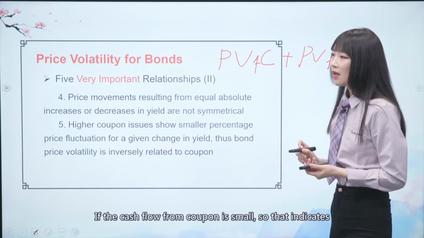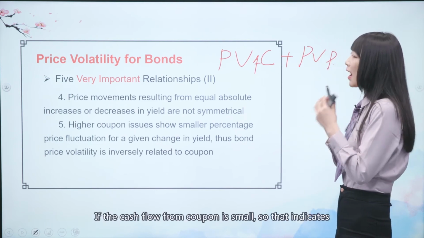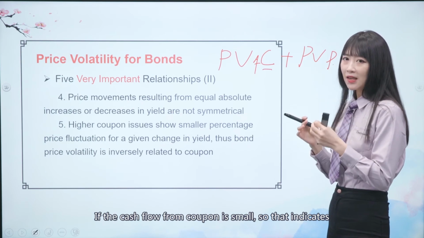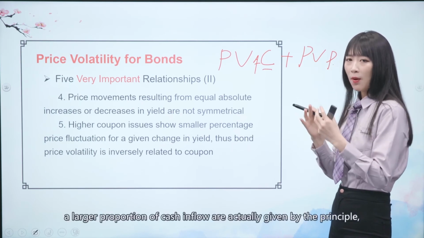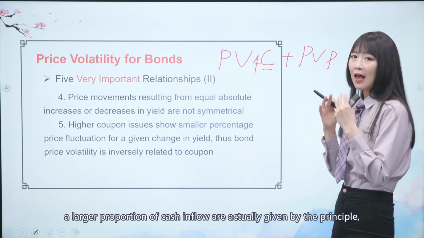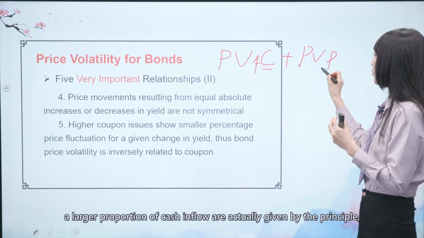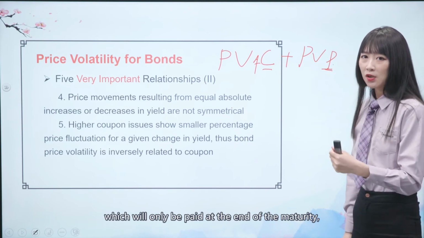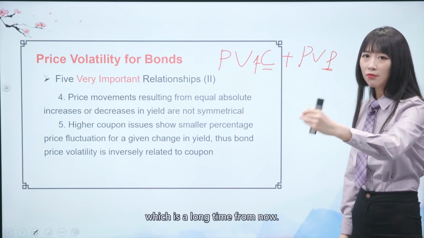Now, if the cash flow from coupon is small, that indicates a larger proportion of cash inflow is actually given by the principal, which will only be paid at the end of the maturity, which is a long time from now.